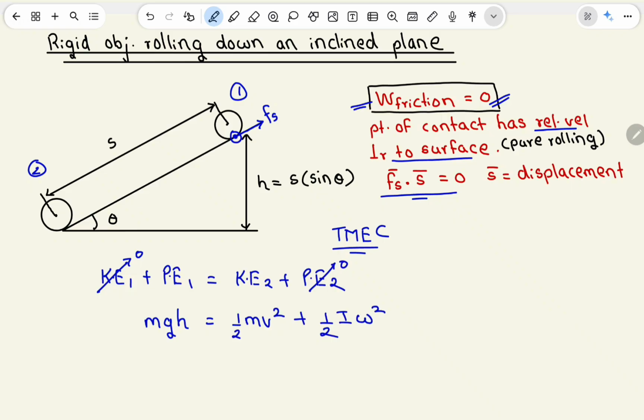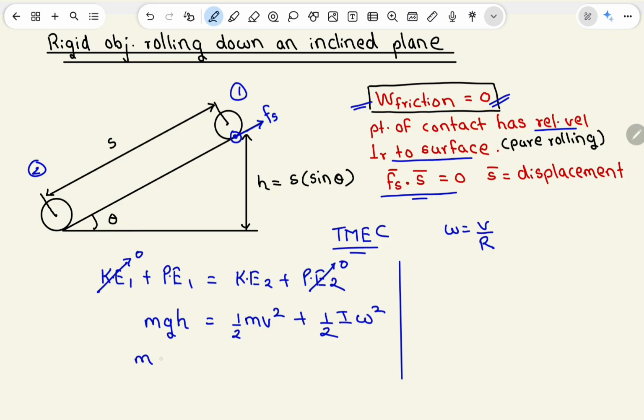Now, since it is the case of pure rolling, we can write omega is equal to v by R.